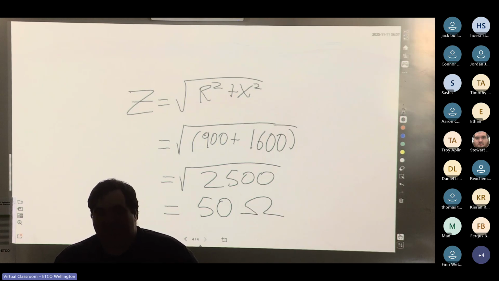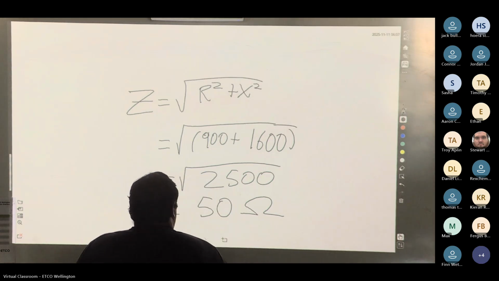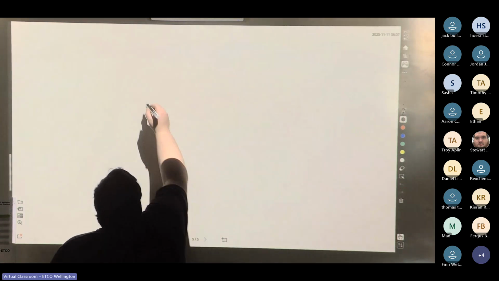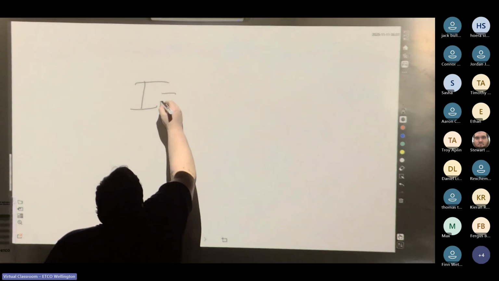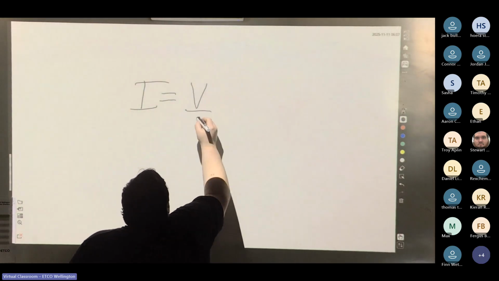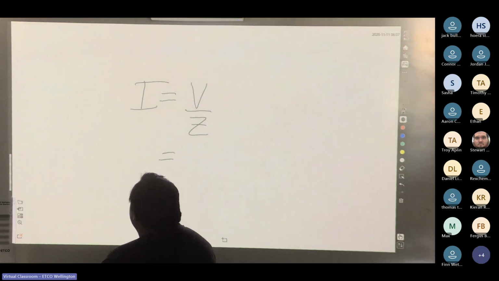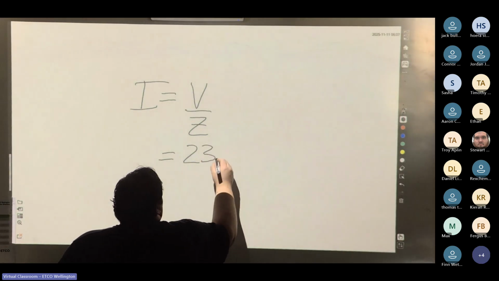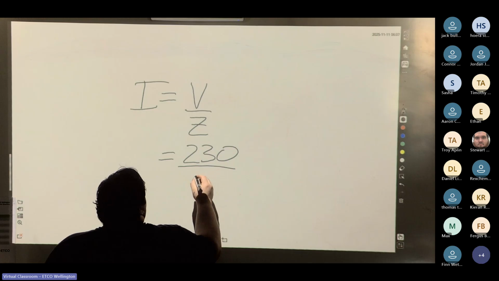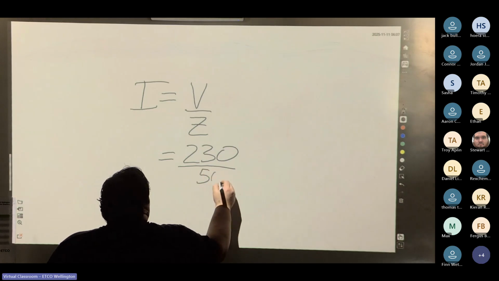If we have a triangle with one side that is 3 and one side that is 4, the resultant hypotenuse will be 5. So 30, 40, 50. So now we need to work out the current. So our I equals V divided by Z. They've given us the voltage of 230 divided by 50.